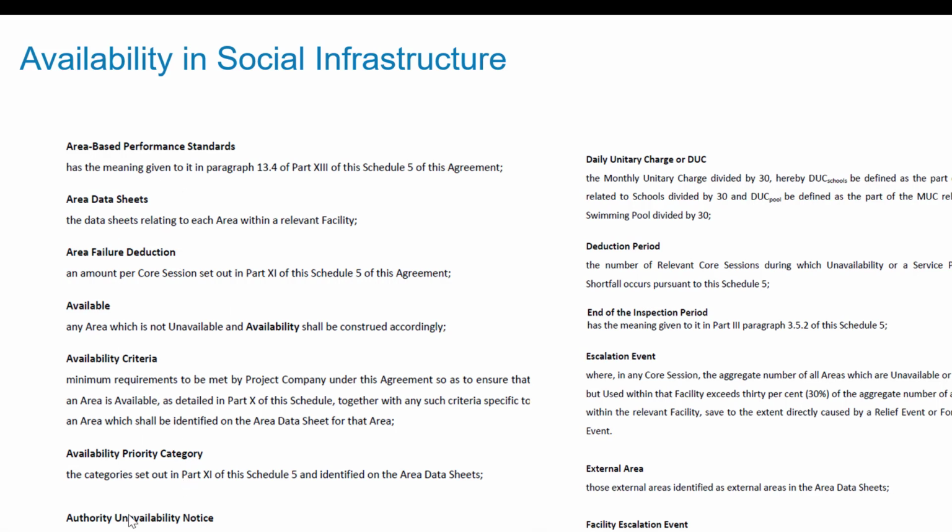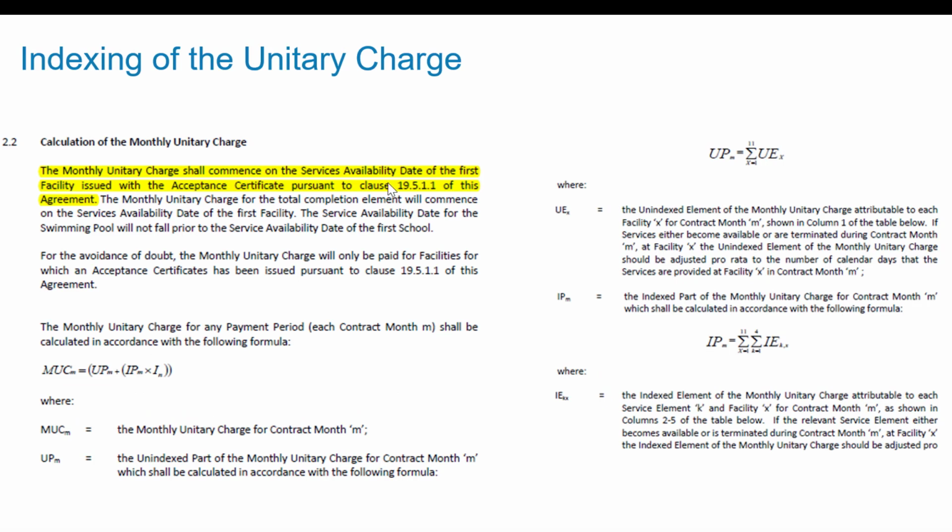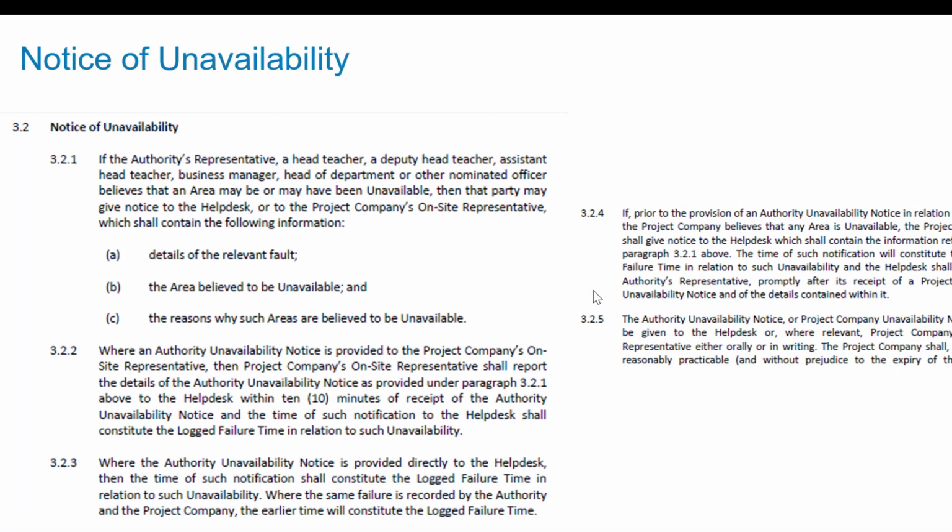So you go through all these criteria, and you have an unavailability notice if your floor is not clean and all of this stuff. You define how this thing will be escalated, and then you have your charge. Your charge is a monthly charge that could be escalated, and that would depend on the currency and everything else.